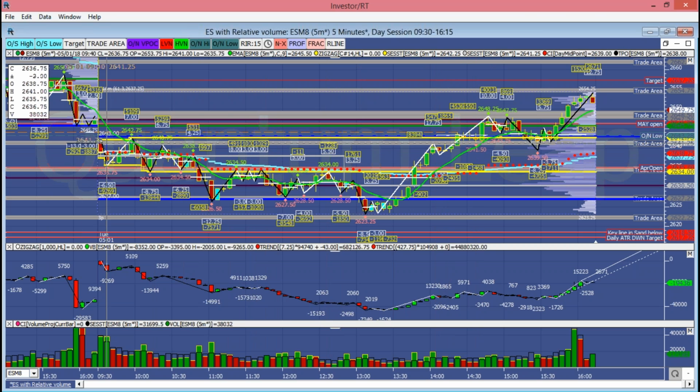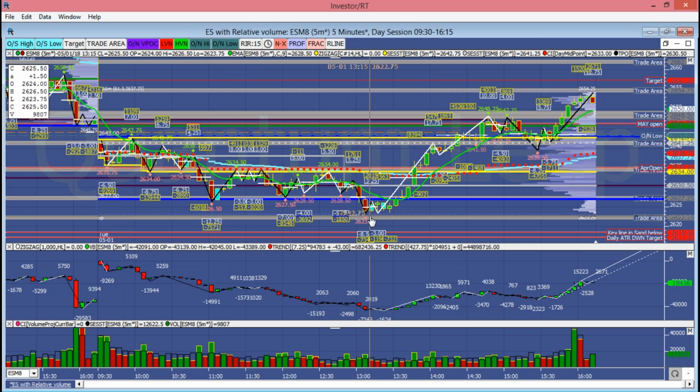Hypo 2 was a rotation down into the 33, maybe a late day probe down to 27, then finding buyers and rotating us back up into the prior day and pushing up into that 57 area. That's basically what we got.